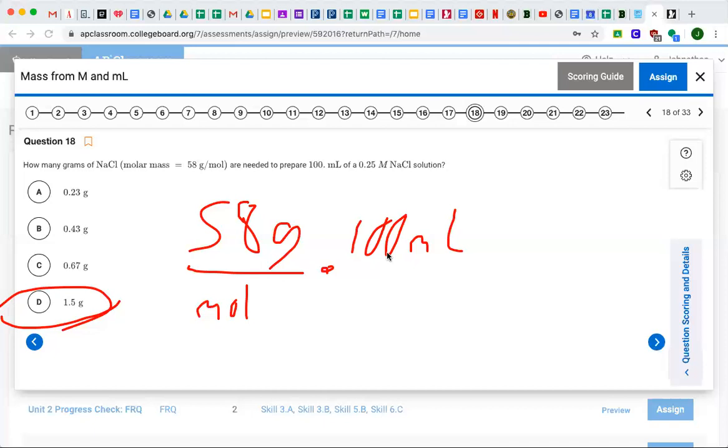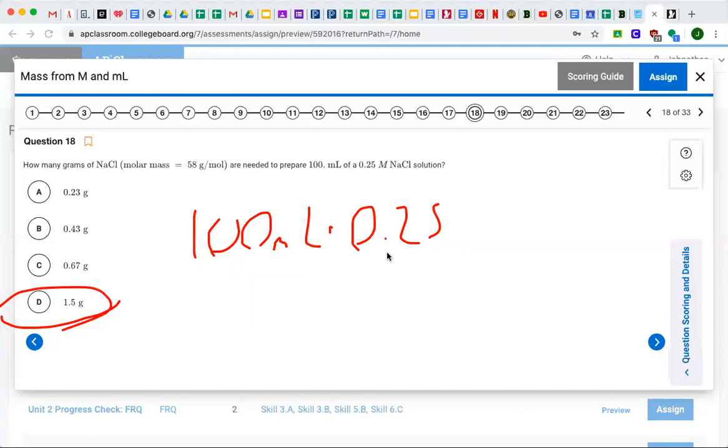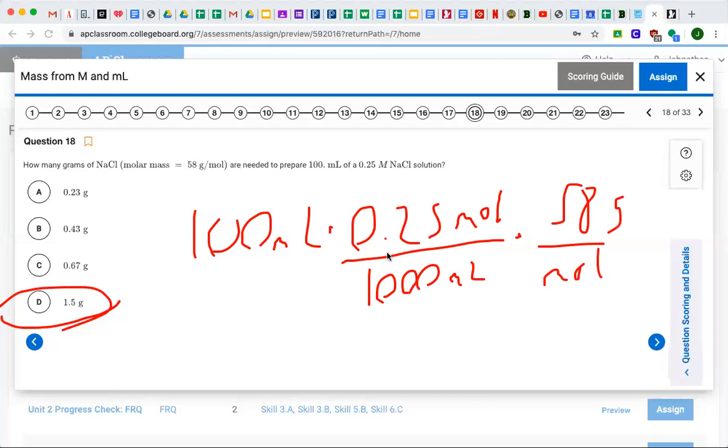So 0.25 molar, 100 milliliters. Oh, I see. So I would do it this way. You've got 100 milliliters of this solution, so 100 milliliters times 0.25 mole per 1,000 milliliters times 58 grams per mole. And that'll give the same mathematical answer. You're going to get 1.5 grams.